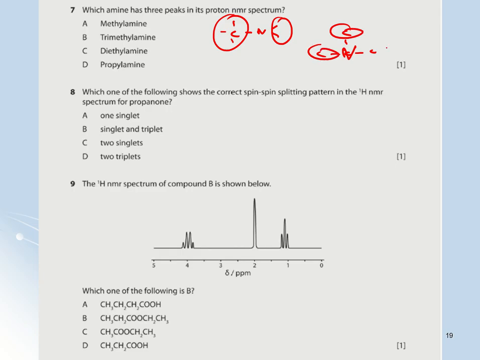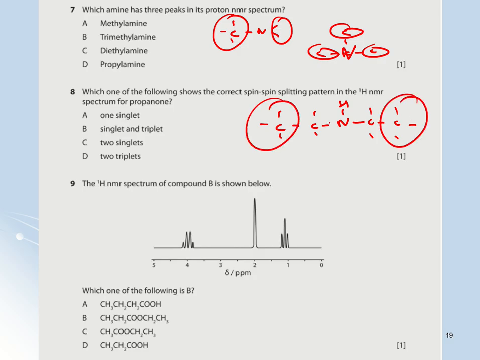That and that are all equivalent, so that's only going to have one peak. Diethylamine, let's do that one. We're going to have there and there, they're equivalent. That and that are equivalent. There's 2 peaks so far, there's 3 peaks on that one, so the answer has to be C.